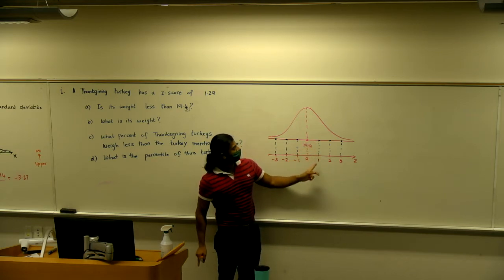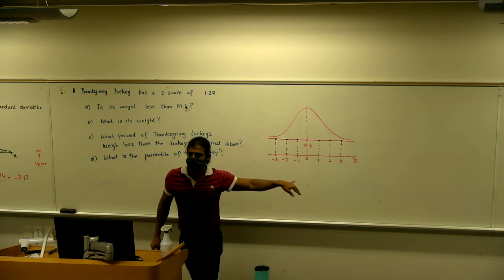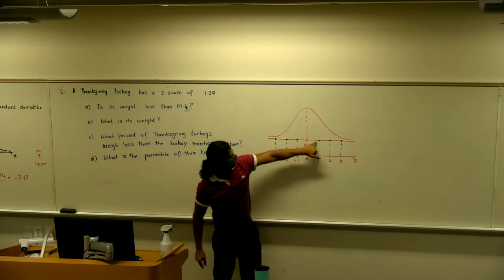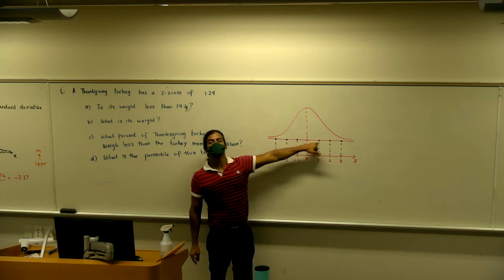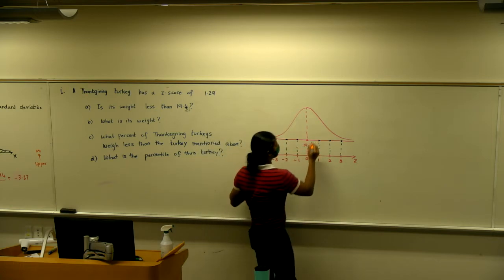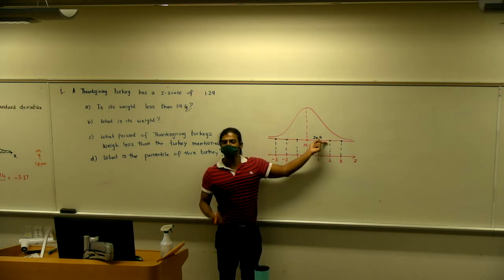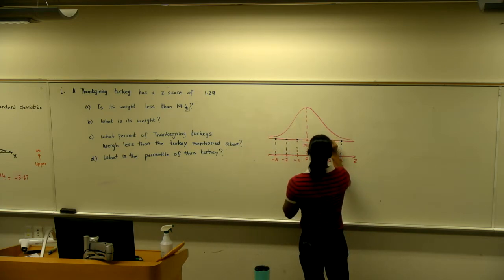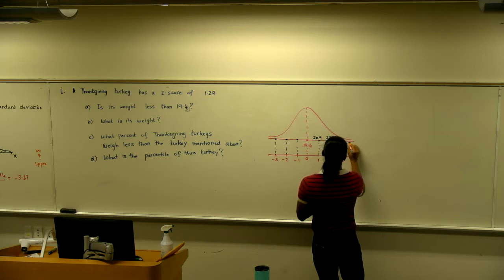That particular observation is one standard deviation away from 19.4, so it's one standard deviation above 19.4, 20.9. This value is 2 standard deviations from the mean, so that would be 22.4. And 3 standard deviations from the mean, 23.9.